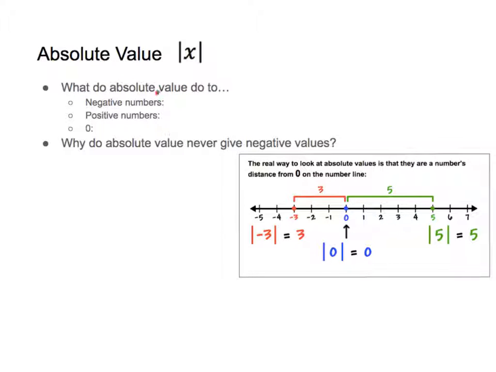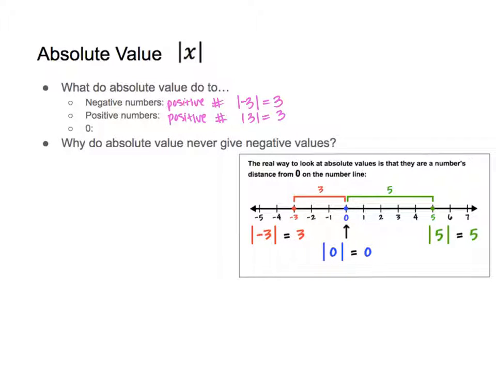What do absolute values do to negative numbers? Well, if I have a negative number, let's say -3, it becomes a positive number. It changes it to a positive number. When I have a positive number, like +3, and it goes in, it's still a 3. So it's still a positive number.